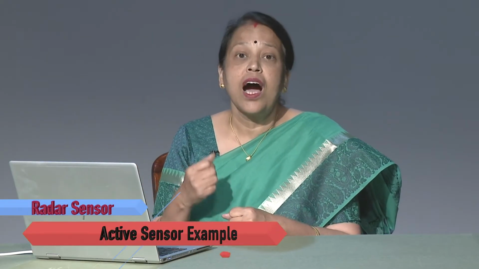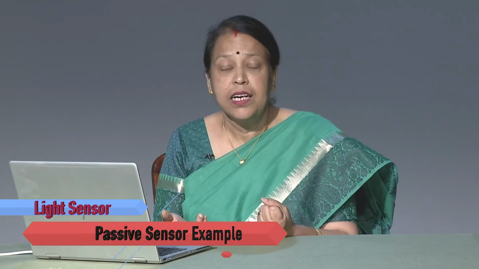For example, active sensors include radar sensors, which are used to produce some energy. Similarly, a passive sensor example may be a light sensor, which receives light as energy and correspondingly activates.